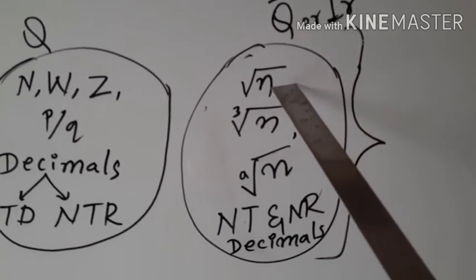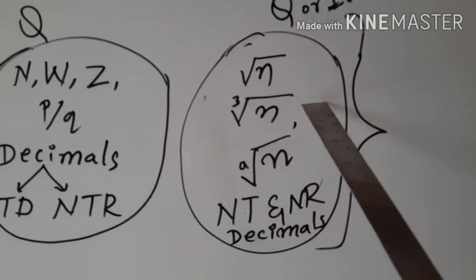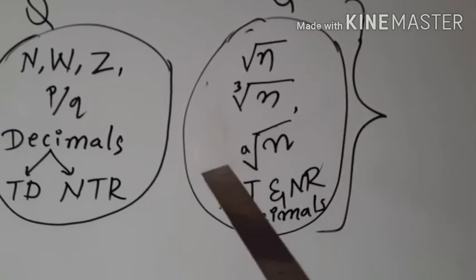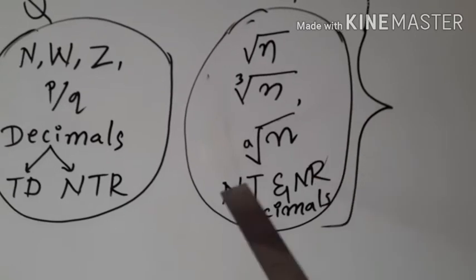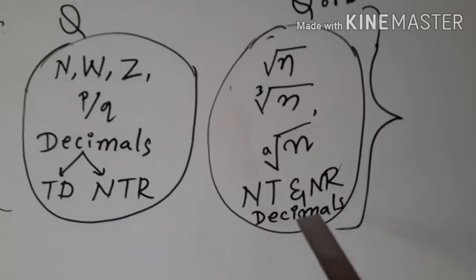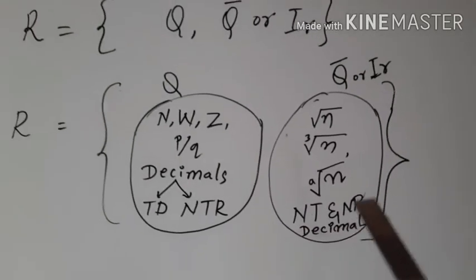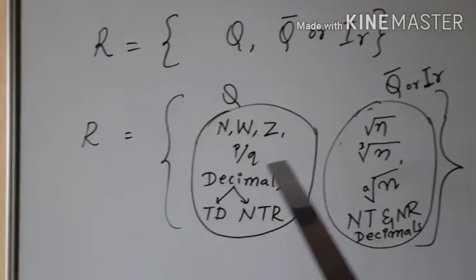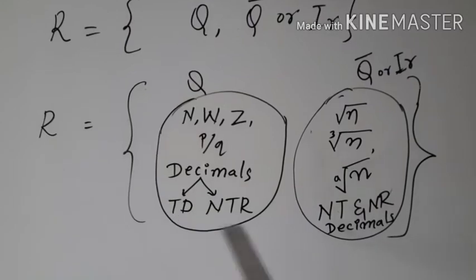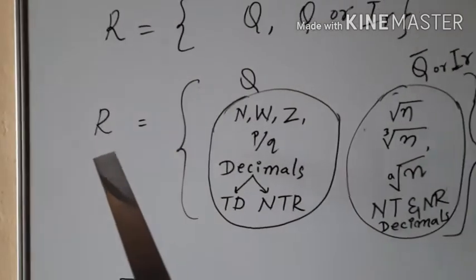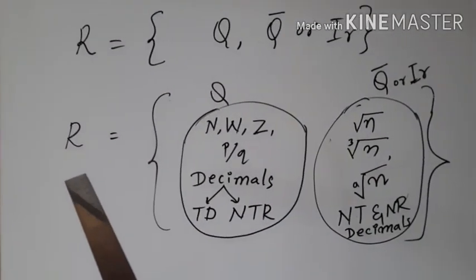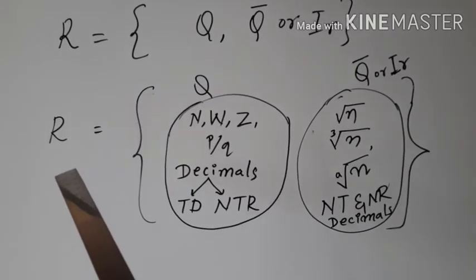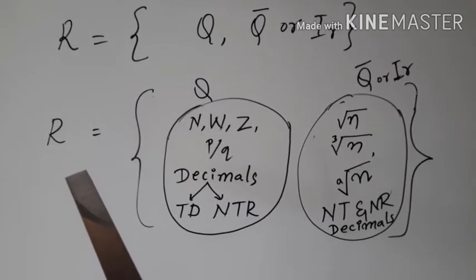Therefore square root of n, cube root of n, and eighth root of n, and non-terminating and non-repeating decimals are all examples for irrational numbers. But rational numbers plus irrational numbers together are called real numbers, and the real number set is the biggest set of all the numbers that we have studied so far.